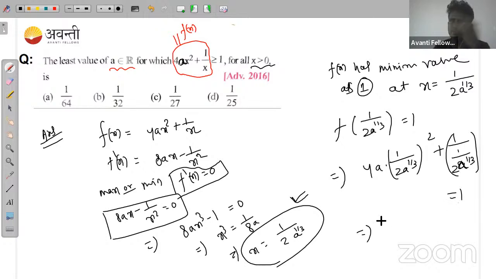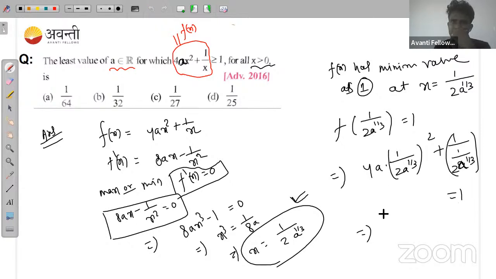You just have to solve and find the a value. ठीक है, solve कर लोगे.